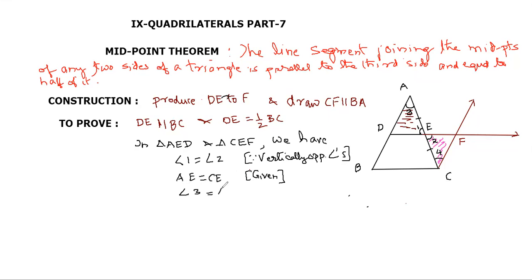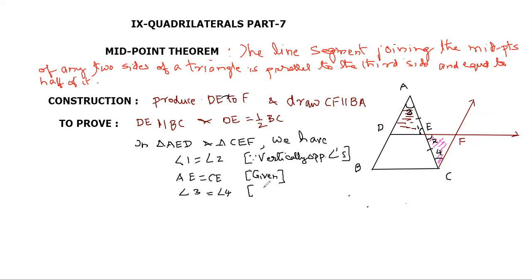And the third one, angle 3 will be equal to angle 4 because CF is parallel to BA, and 3 and 4 are alternate interior angles.